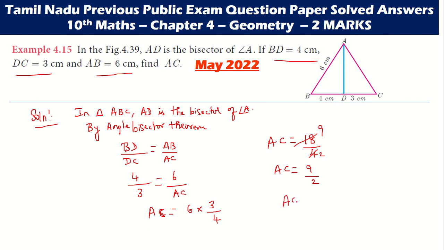So AC is equal to, cancel this to get 4.5 centimeter. AC is equal to 4.5 centimeter. So I hope you understood the answer. Let us go to the next one.